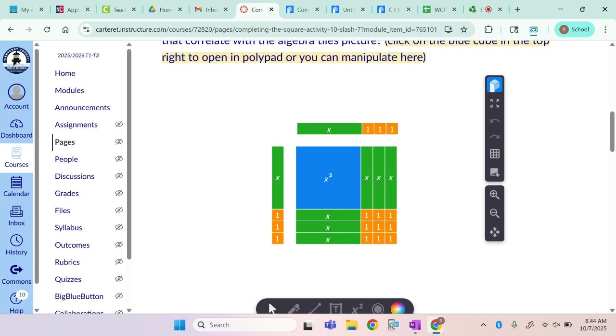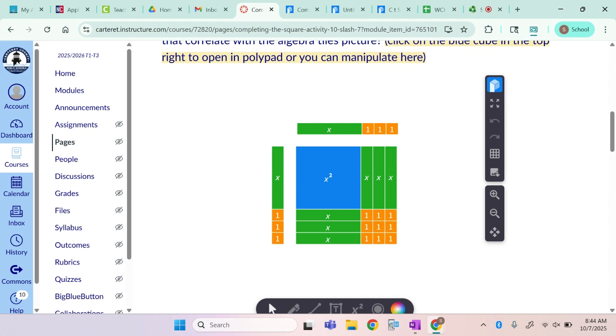Why is it called a perfect square trinomial? What did we start with? We started by squaring a binomial. So, if you're squaring a binomial, meaning you're multiplying it by itself, it will create what's called a perfect square trinomial. All right?